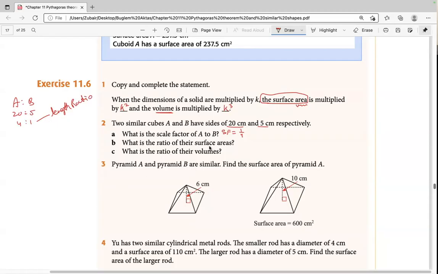Now he's asking about the surface areas. So from length to area is squared, from area to length is square root. So when I move to area, this will be 16 ratio 1. So it's going to be 1 over 16. Question 2 never says from A to B or B to A, so we just write 16 ratio 1. It is understood that 16 is for the larger one.